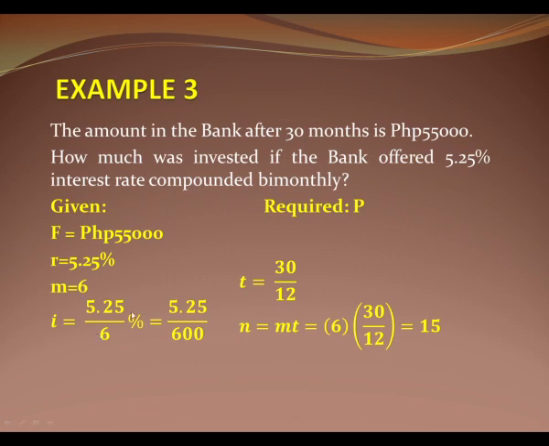So then we can remove the percentage symbol by simply dividing by 100. So this is simply 5.25 over 600.